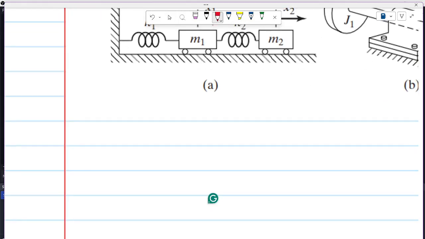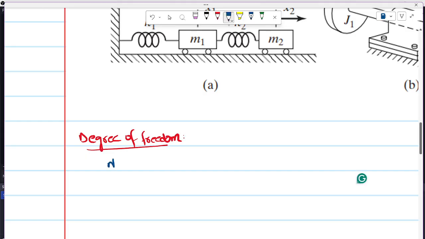It's the number of independent coordinates that exist for a system.